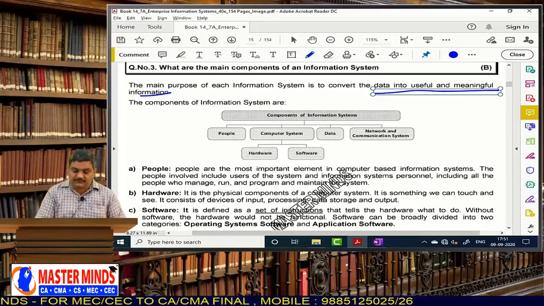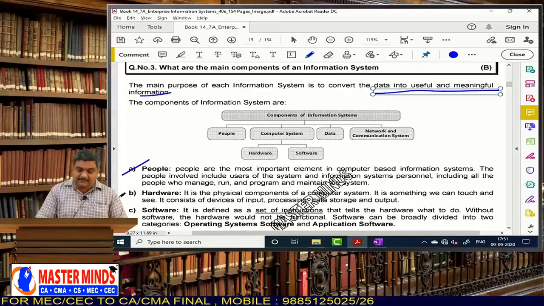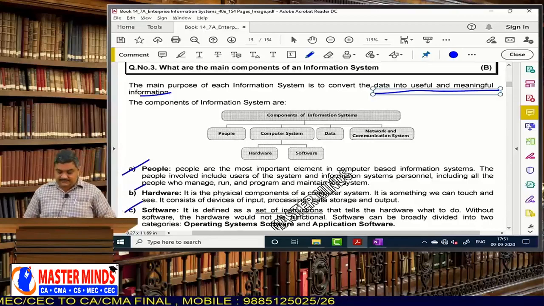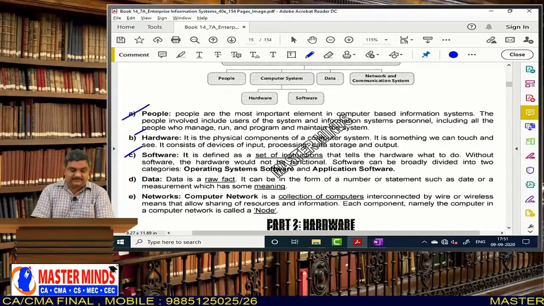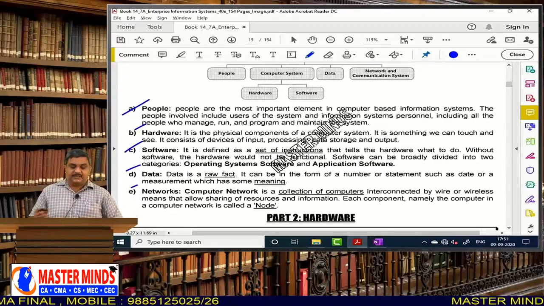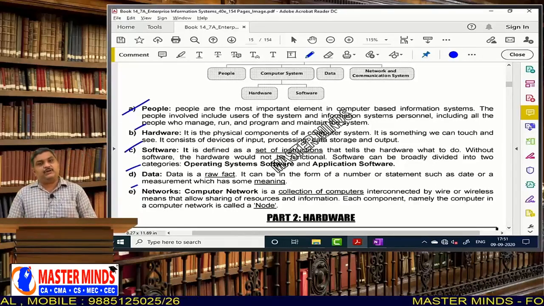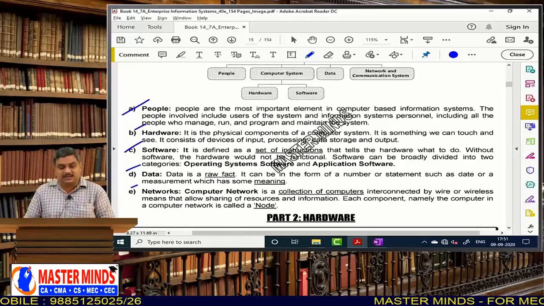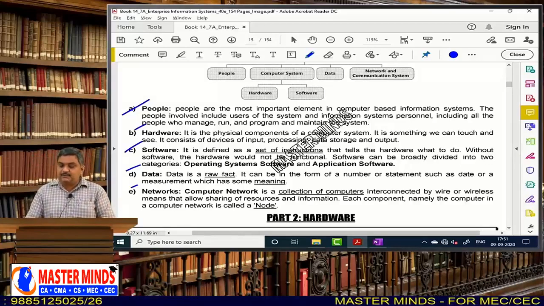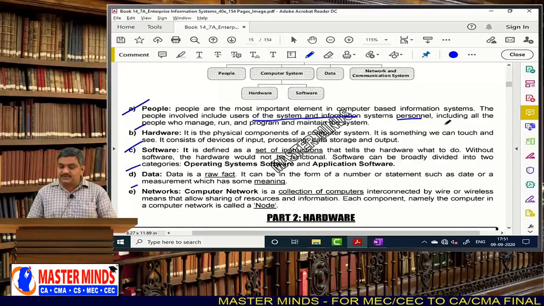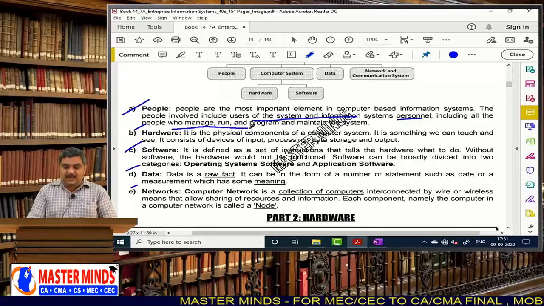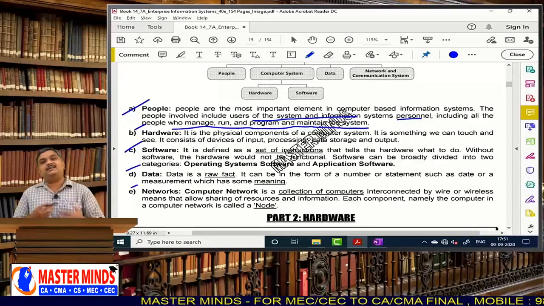The components of an information system are people, hardware, software, data and networks. People are a very important component in a computer based information system. The people involved include users of the system and information systems personnel, including all the people who manage, run, program and maintain the system.